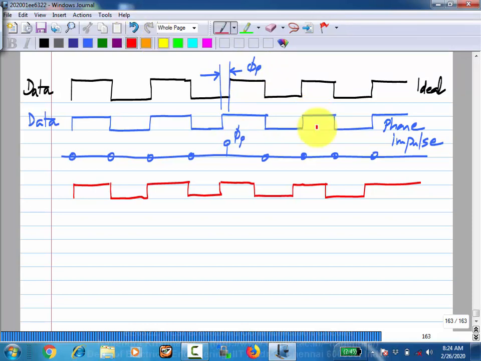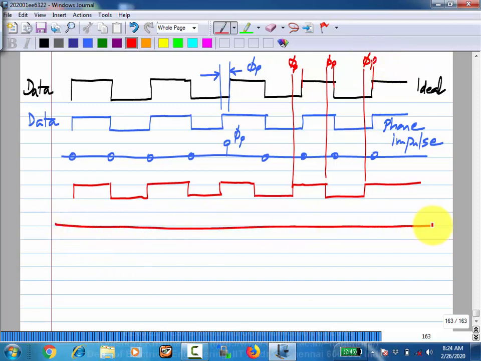And here similarly I have the same displacements for every edge. So in this case, if you look at the phase domain signal, if I write it as a sample data signal, it will be like this.